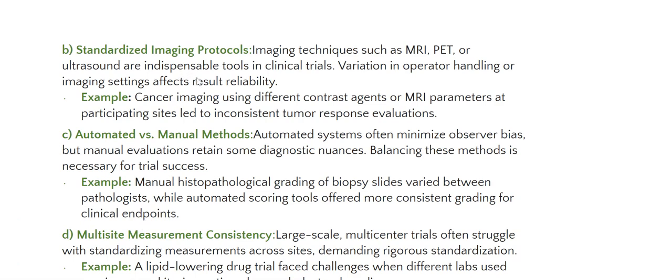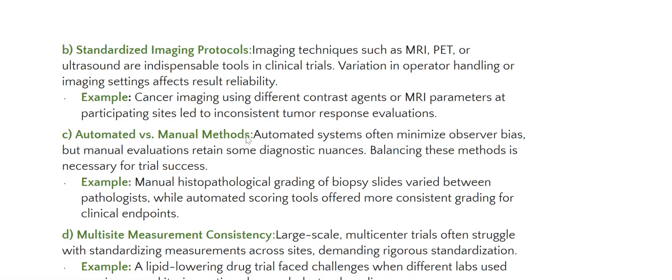Standardized imaging protocols. Imaging techniques such as MRI, PET, or ultrasound are indispensable tools in clinical trials. Variation in operator handling or imaging settings affects result reliability. For example, cancer imaging using different contrast agents or MRI parameters at participating sites led to inconsistent tumor response evaluations.